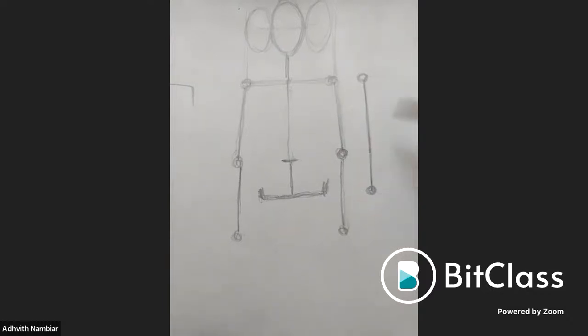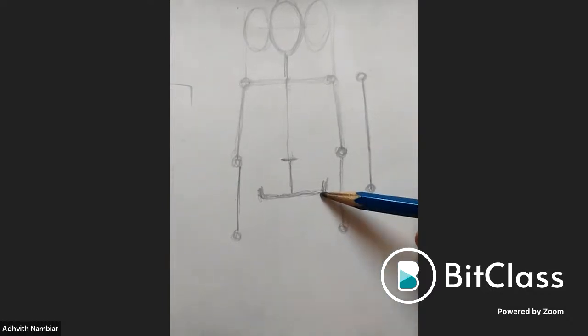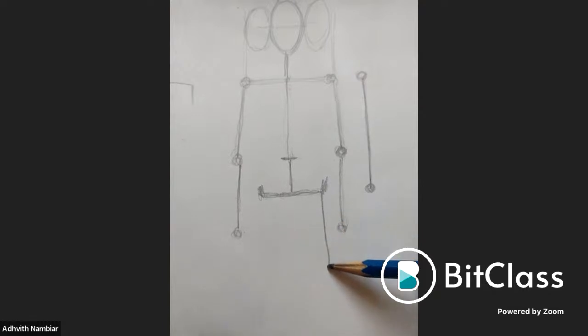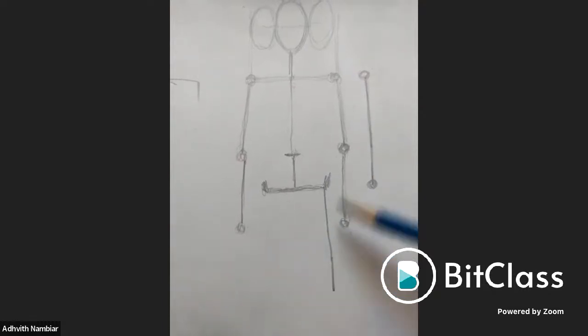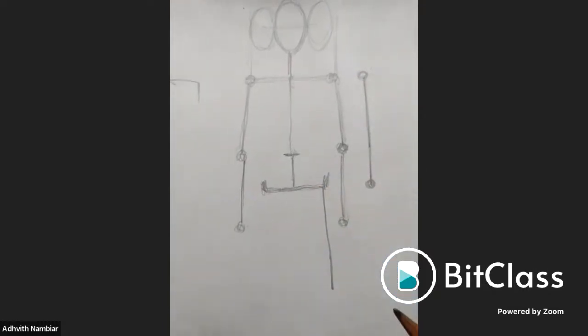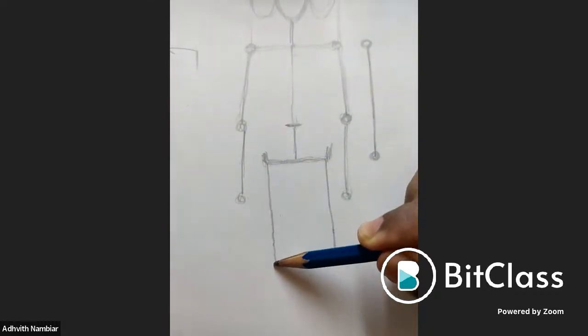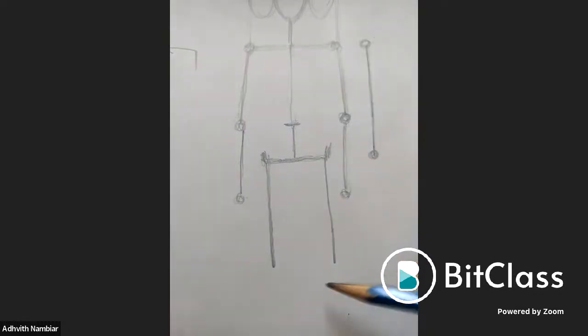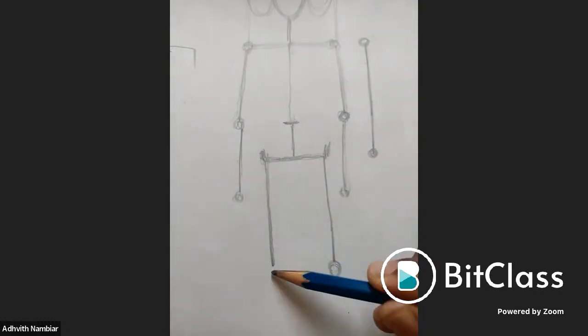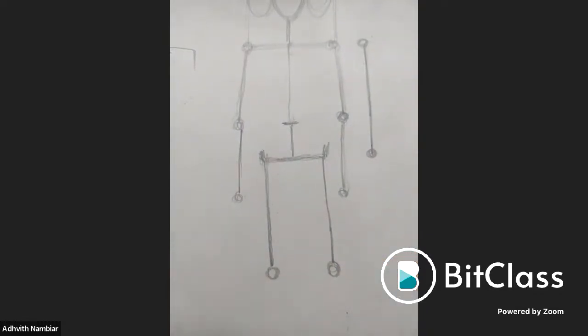That's the length. So I'll do the same thing here. 1.5. Same thing here on the other side. 1.5. Like that. And then you draw your kneecaps. Don't forget that.